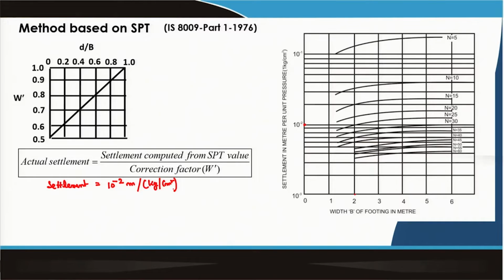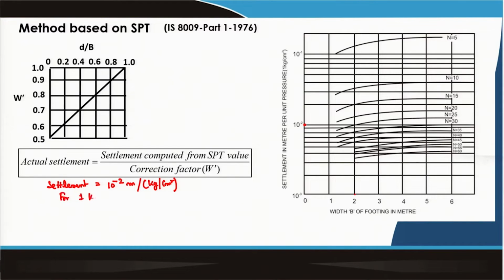Because the width of foundation is 2 meter and the N value is 25, this is the 25 line. So, we will get a settlement of 10 to the power minus 2 meter.